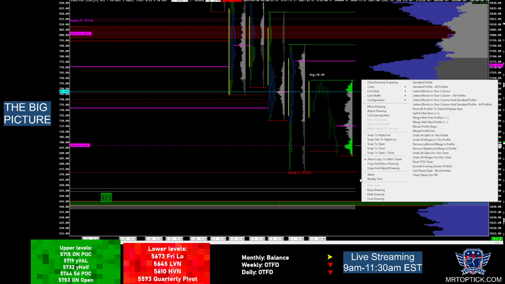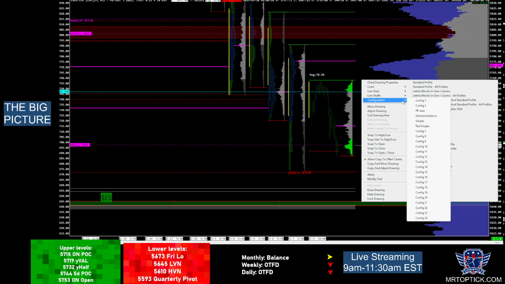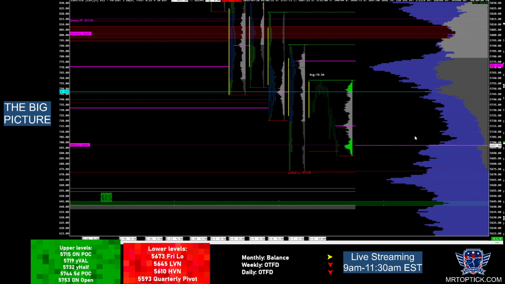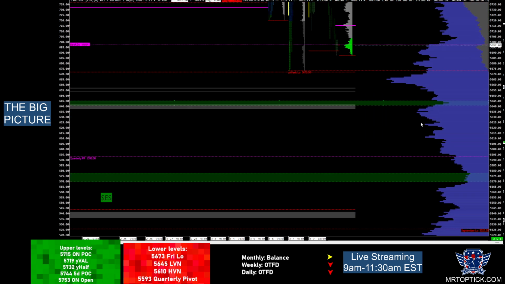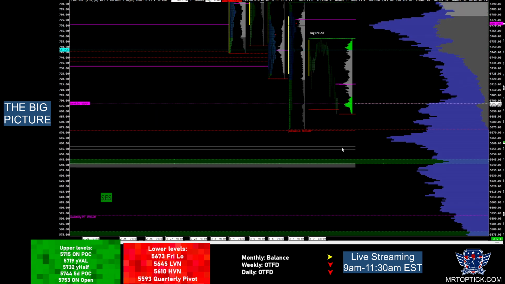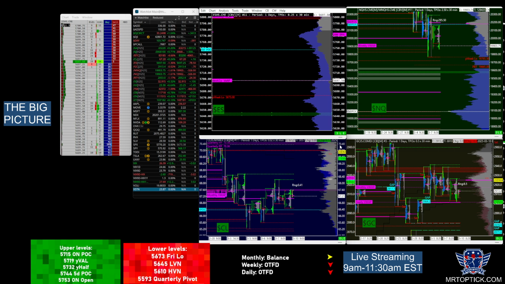This is a low volume node, and if that breaks, then there's not much support all the way to the 5600 area.